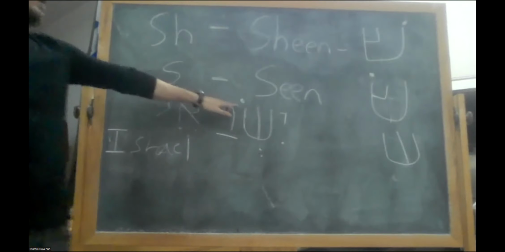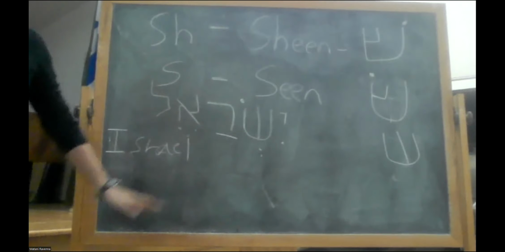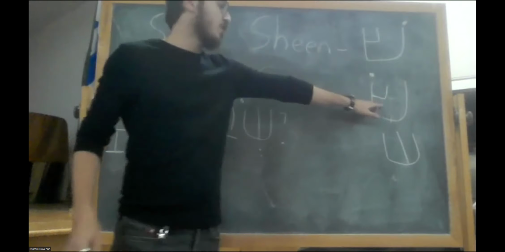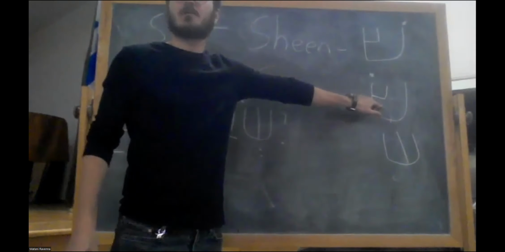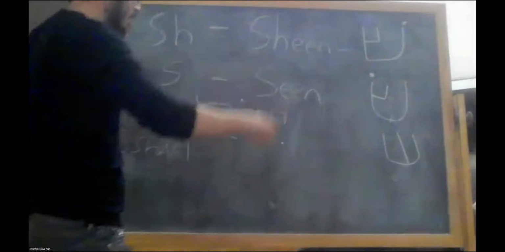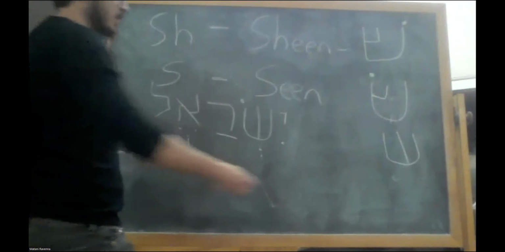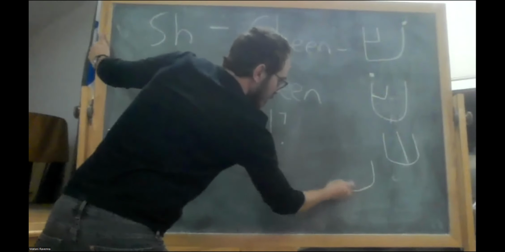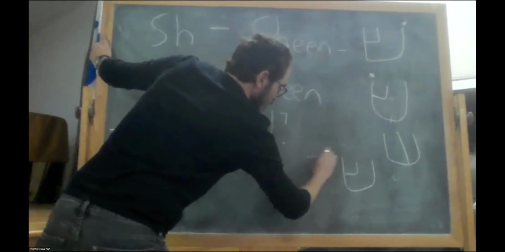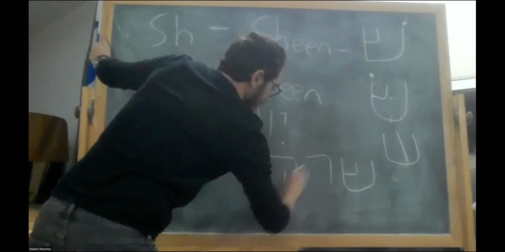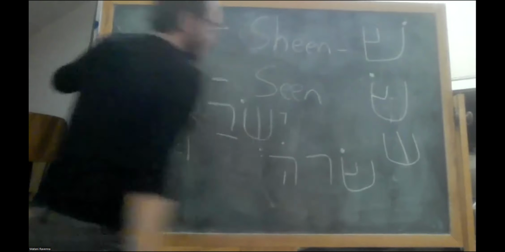Israel, this is where we see it. We barely use it nowadays. The sin, we barely use it. We will use a samech. Another example would be Sarah. The name Sarah will be like this. Sarah.